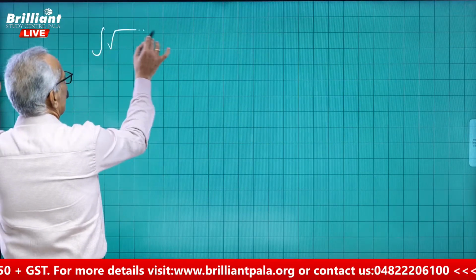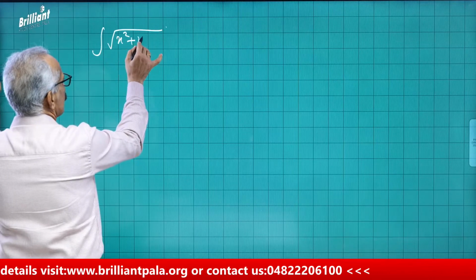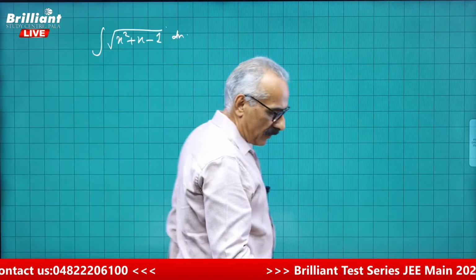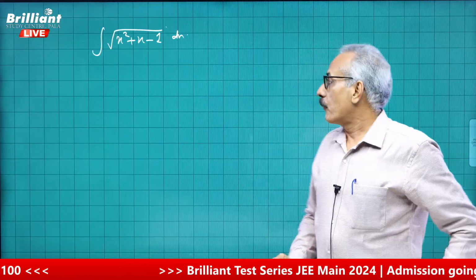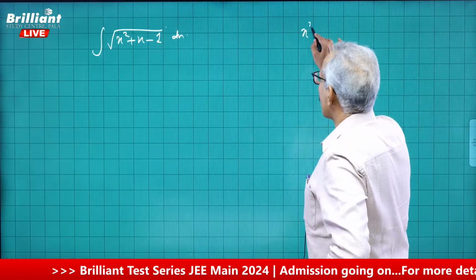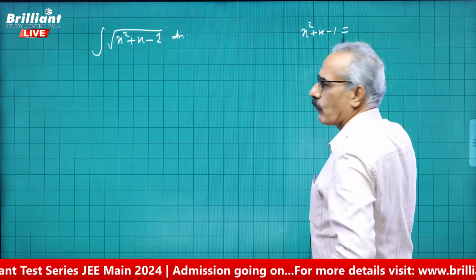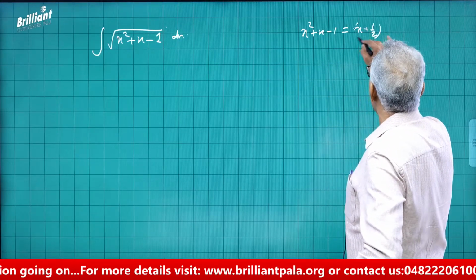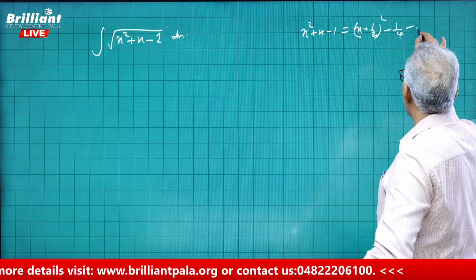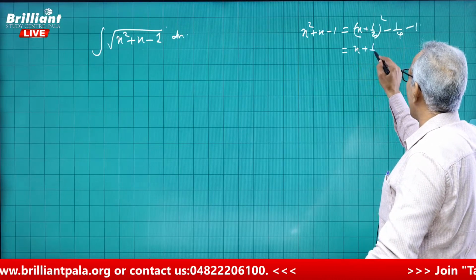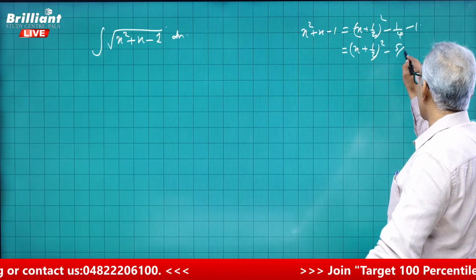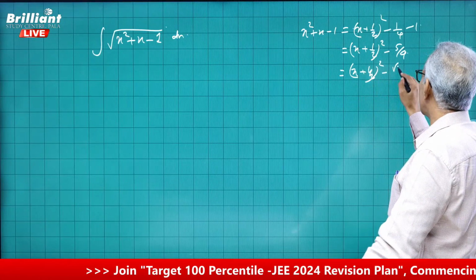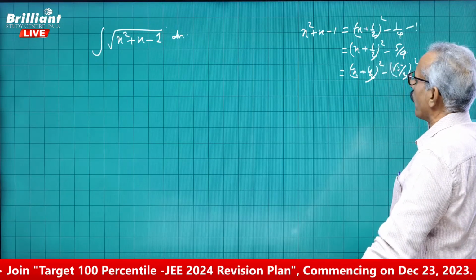Integral, the same question, root over x square plus x minus 1 dx. A different one. Type 4. So same, x square plus x minus 1 equal to, now do along with me. x plus half the whole square minus 1 by 4 minus 1. x plus half the whole square minus 5 by 4, that is x plus half the whole square minus root 5 by 2 the whole square.